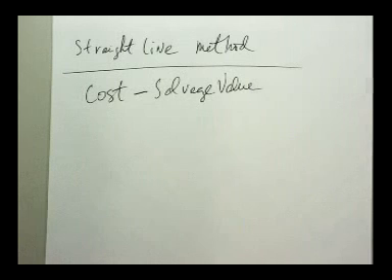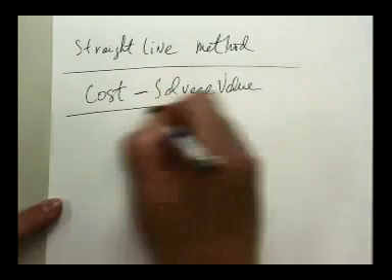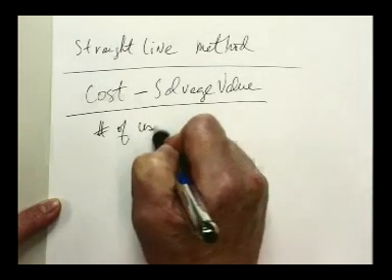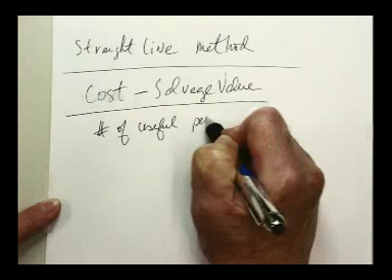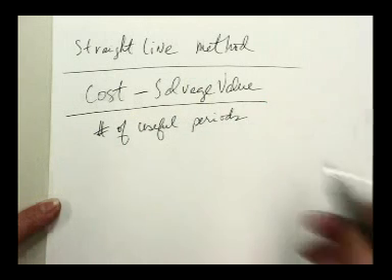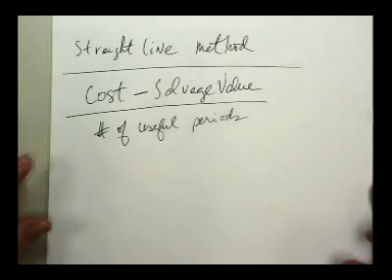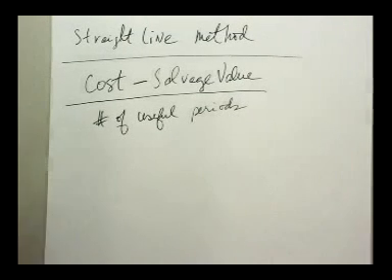So we're going to take our cost minus our salvage value, and we're going to divide it by the number of useful periods, meaning periods of life, like by months, by years, by hours, whatever it is that we presume our particular asset will last us. So a vehicle typically has about a 5-year life.